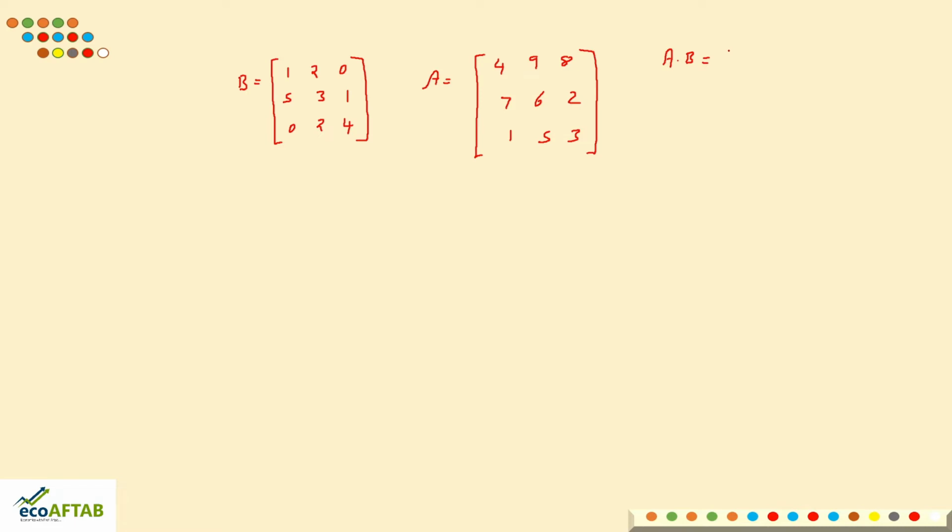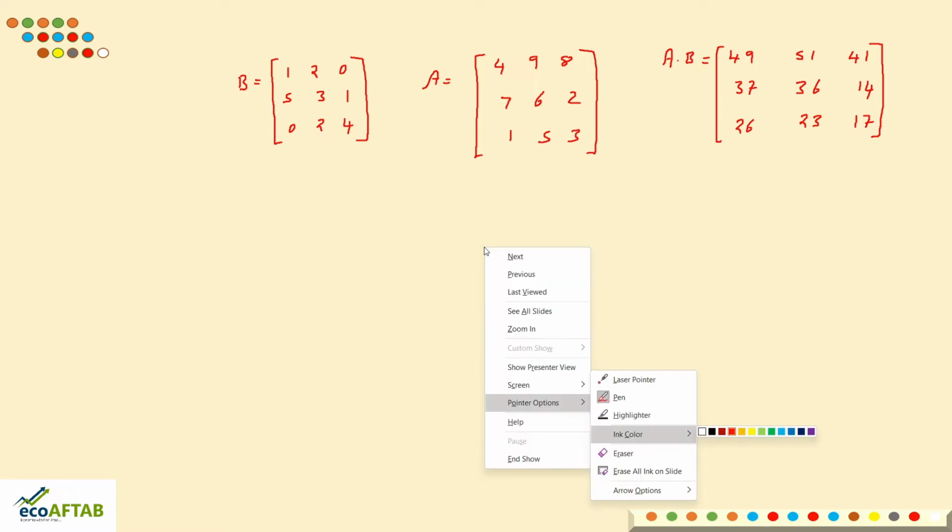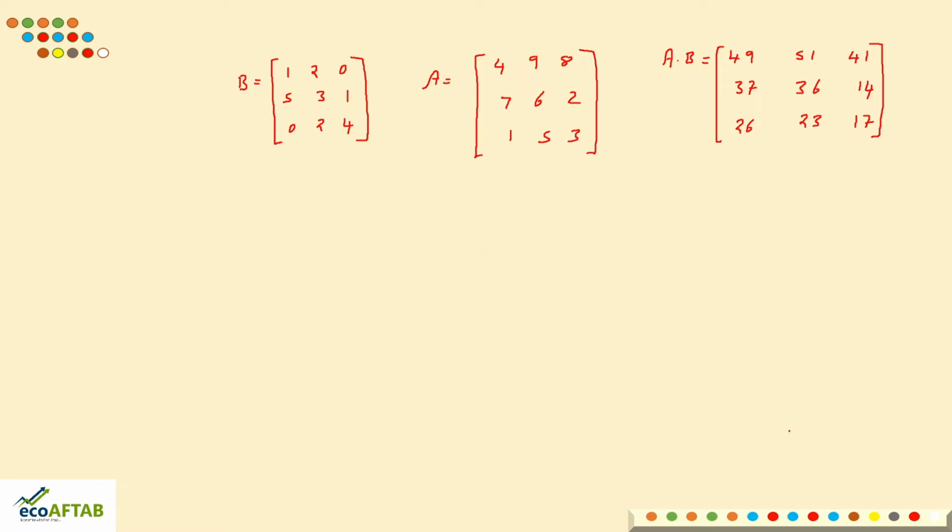So I'll just repeat it over here: 49, 51, 41, 37, 36, 14, 26, 23 and 17. So this was the new matrix that we got when we multiplied A with B. Now we'll take up B into A. So matrix B multiplied by matrix A. Whether we will get the same answer, we need to check it out.